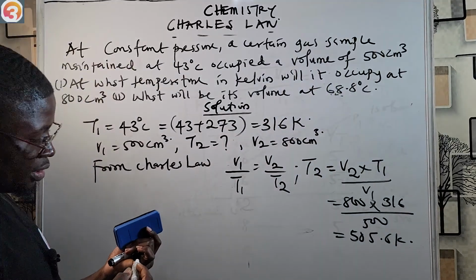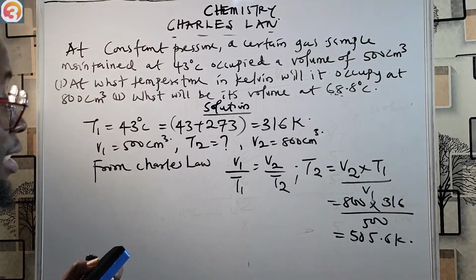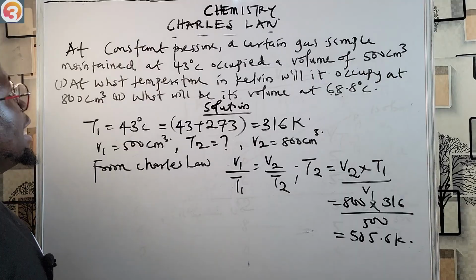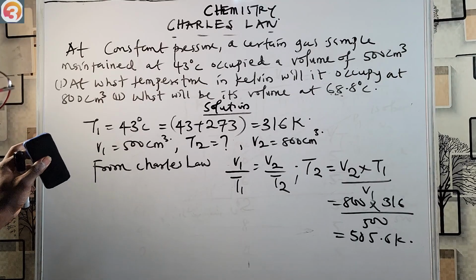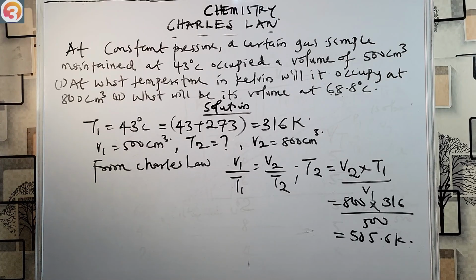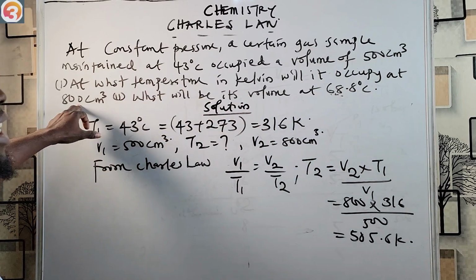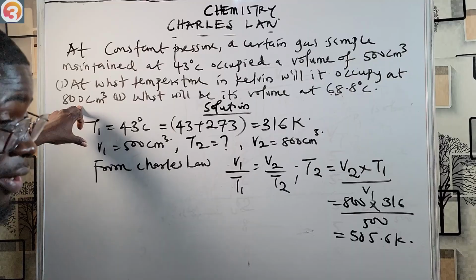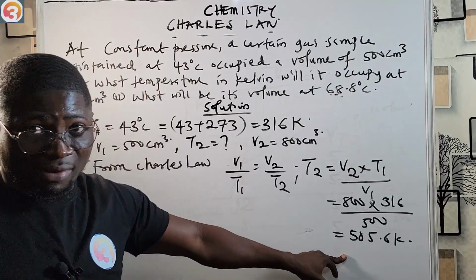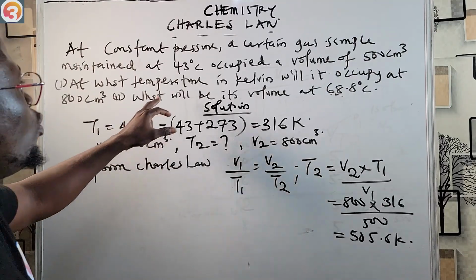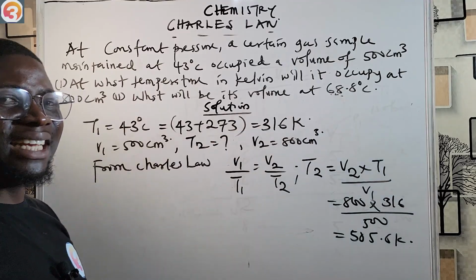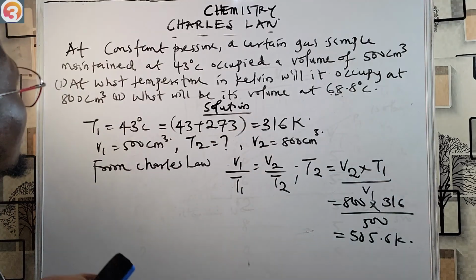To give you something around 505.6 Kelvin, please cross-check the answer. Now that we have solved for the first part, they ask at what temperature in Kelvin will it occupy 800 centimeter cube. So this is our value. Now, the second part says what will be its volume at 68.8 degrees Celsius.